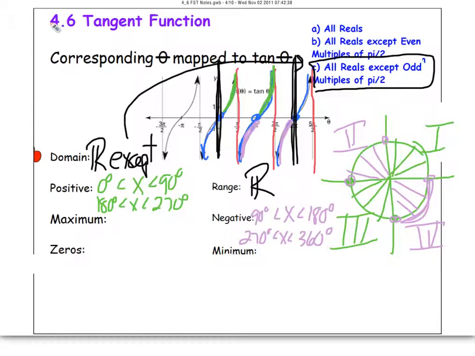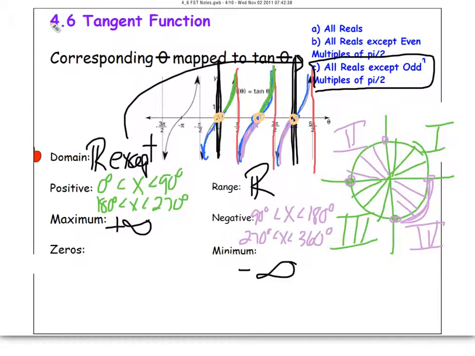Now the max and the min on here: the maximum of this function, how high does it go? This thing goes to positive infinity. How low does the function go? The minimum is negative infinity. Now where are the zeros of the function? The zeros of this function happen here at the x-intercept there, there, and there.